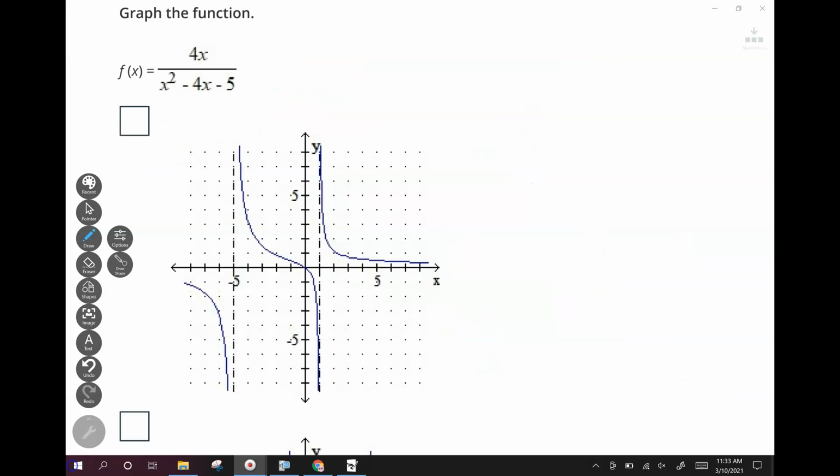All right, and this one you can find your asymptotes first. That's what I would do at least. My vertical asymptotes, that's where the denominator equals 0. So let's factor this first. That's x minus 5, x plus 1. So I should have vertical asymptotes at x equals 5 and x equals negative 1.